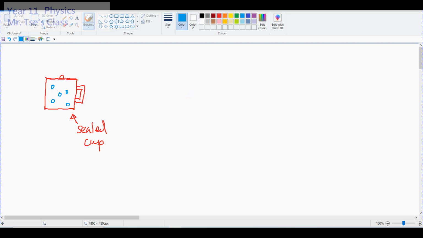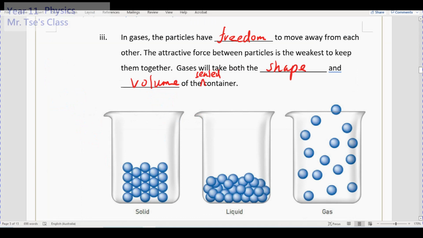But if you put them into another cup, a smaller cup with a different shape and a lid, and you still have those 5 gas molecules in it, they will squeeze into the smaller cup and take the shape of that cup as well. So that's what we say about gas molecules: they can take both the shape and the volume of sealed containers.